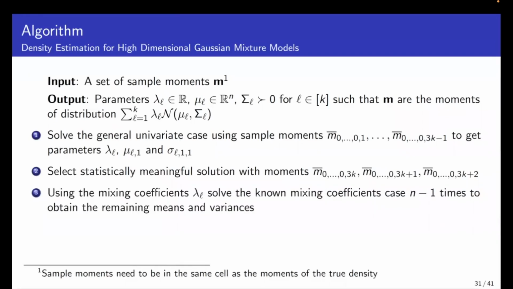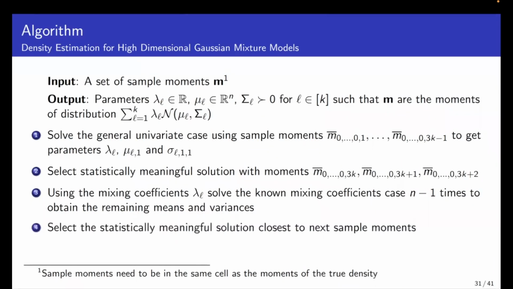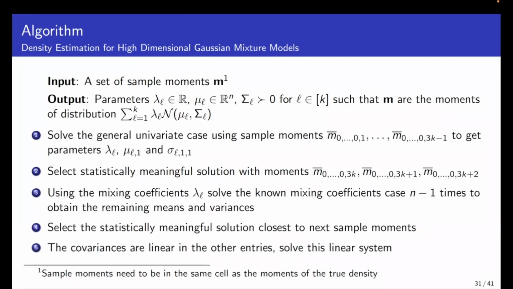Now that we know the mixing coefficients, we can solve the reduced case n-1 times to obtain the remaining means and variances. Again, at each step, we select the statistically meaningful solution closest to the next sample moments. At this point, we know the mixing coefficients, all of the means, and all diagonal entries of the covariance matrices, so we just need to find the off-diagonal entries. The point is that there exist some mixed moments such that the covariances are linear in the other entries, so we can just solve this linear system.